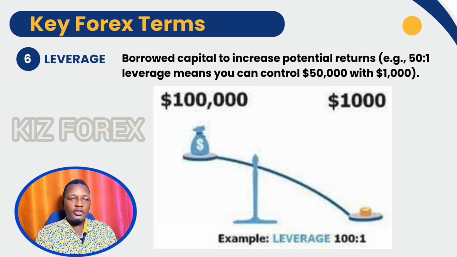Now, this is not just good in increasing your potential profit, it's also good in increasing your potential loss. So when using leverage, you want to be very, very careful so you will not get your account blown.